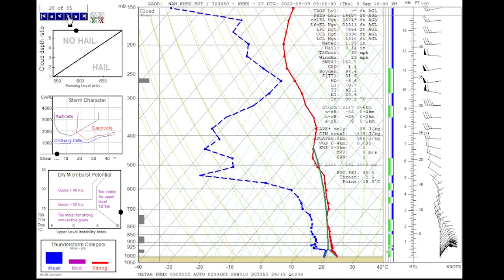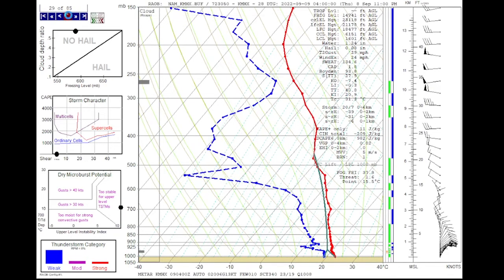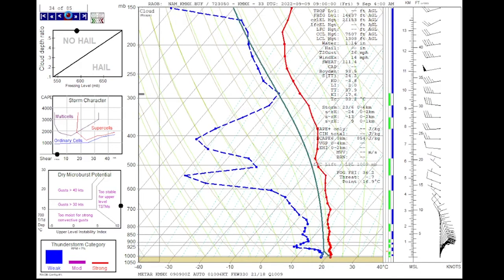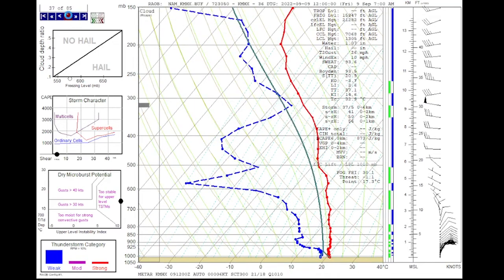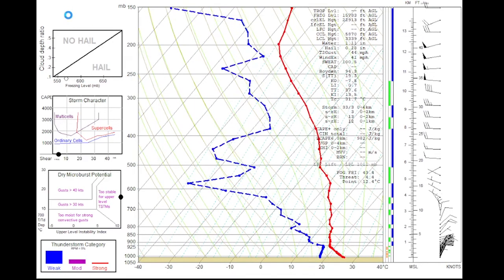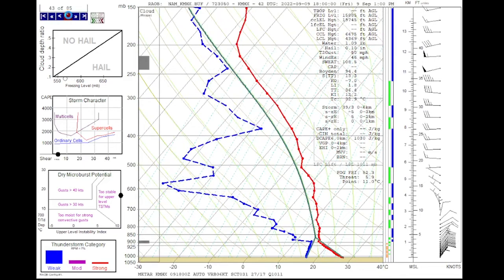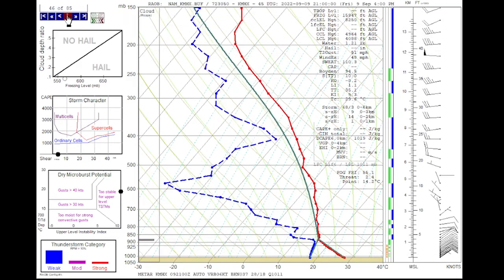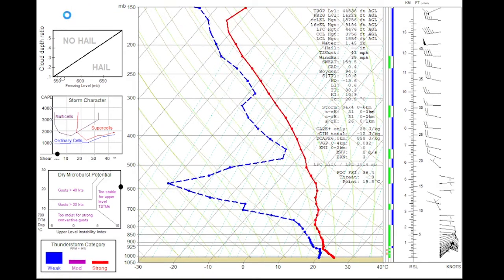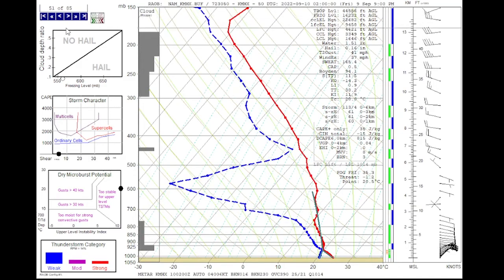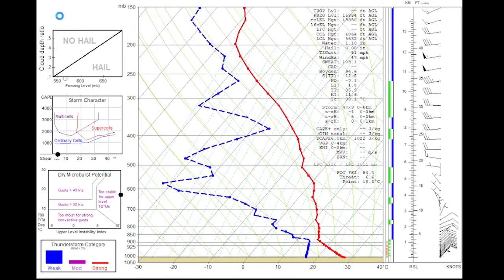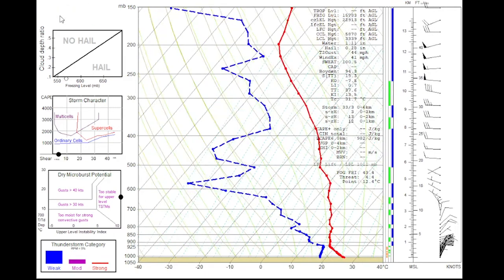I want to try to get that lifting condensation level where it's a little bit more visible. It's been pretty moist on the surface, it looks like, in North Carolina. All right, so you can kind of see it there. That one isn't working out too well. It's pretty much staying moist close to the surface over North Carolina for a little while.